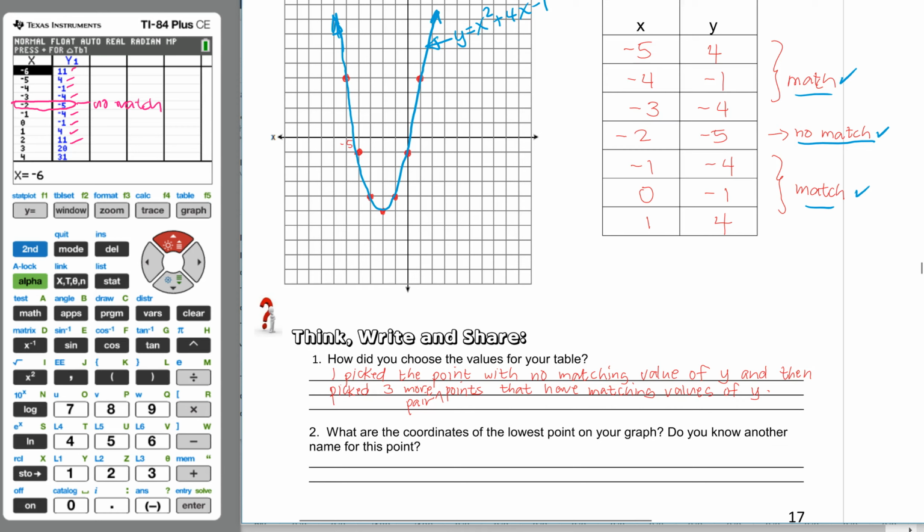I'm talking about this one and this one and this. These are 3 pairs of points that have matching values of y.